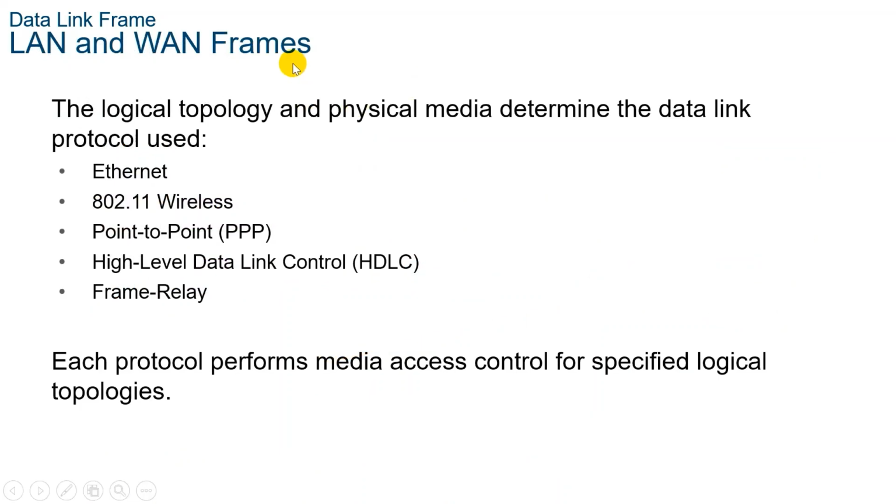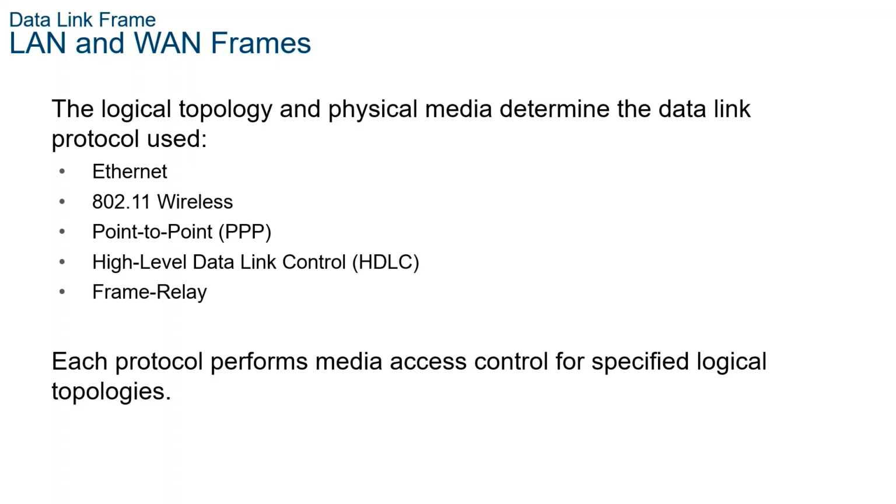The last topic is LAN and WAN frames. Ethernet protocols are used by wired LANs. Wireless communications fall under the wireless LAN, or the IEEE 802.11 protocols. These protocols were designed for multi-access networks. WANs traditionally use other types of protocols for various point-to-point, hub-and-spoke, and full mesh topologies.